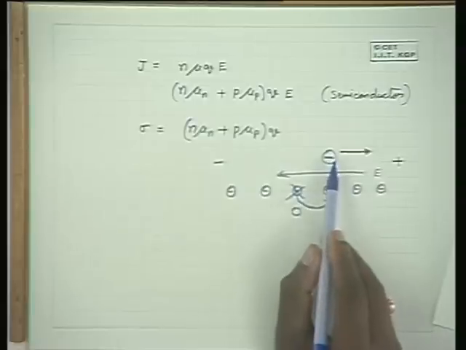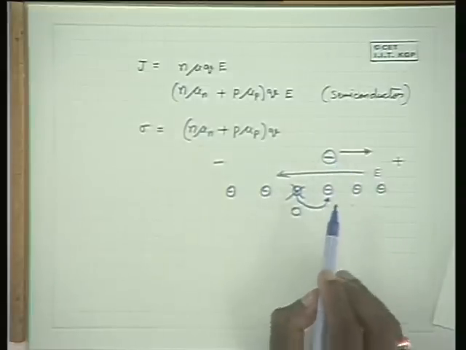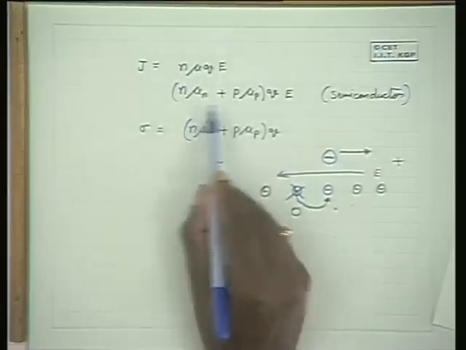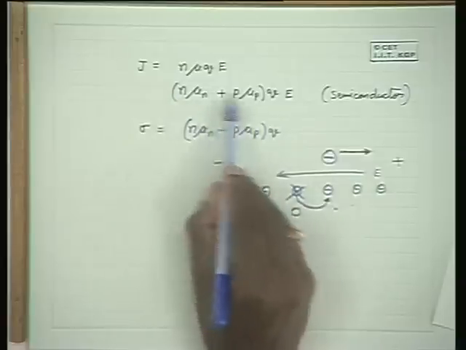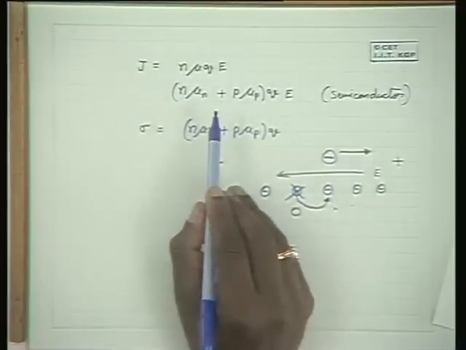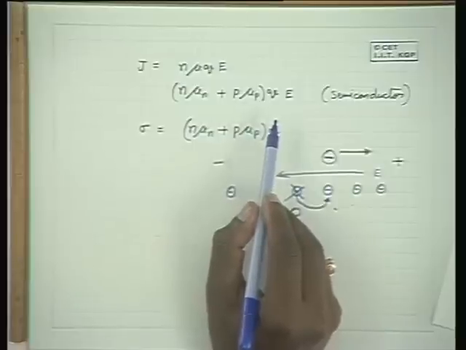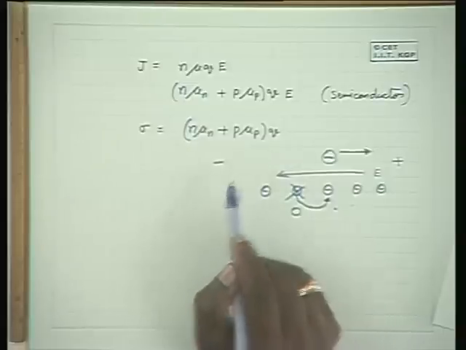Therefore the mobilities of the electrons and holes differ. That is the reason why we have used mu n for electrons and mu p for the holes, and we have added the current components due to the electrons as well as the holes. Therefore the conductivity expression becomes this.